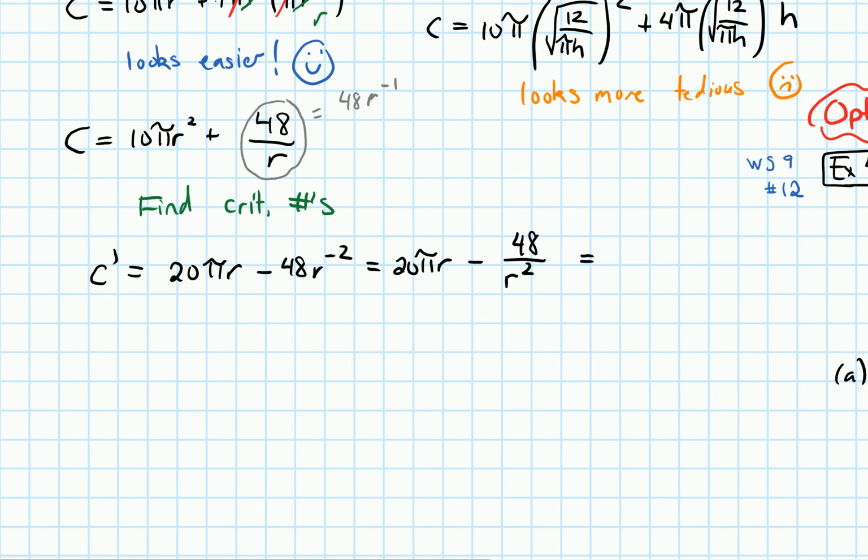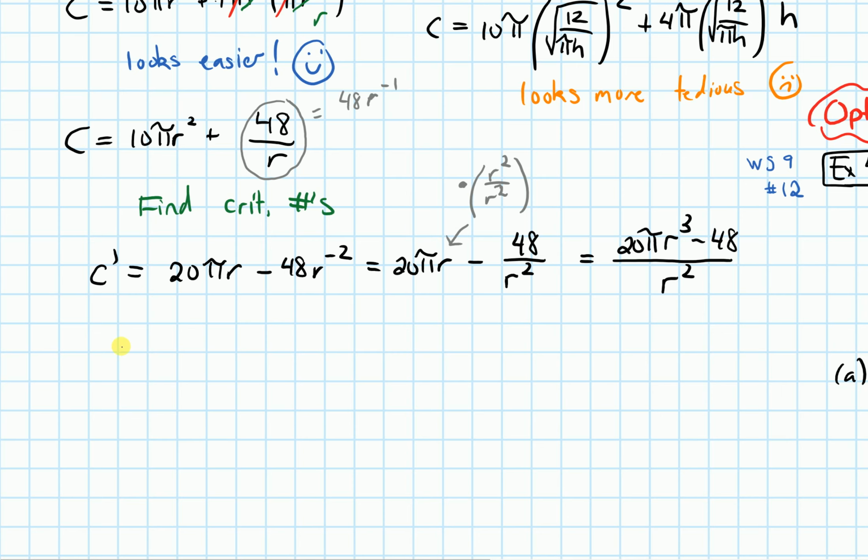So to get a common denominator, I would multiply this first fraction by r squared over r squared. So I would multiply it by that. So that'll end up giving me 20 pi r cubed minus 48 over r squared. I'll write that a little better. So this is r cubed. Okay, so we got our derivative.